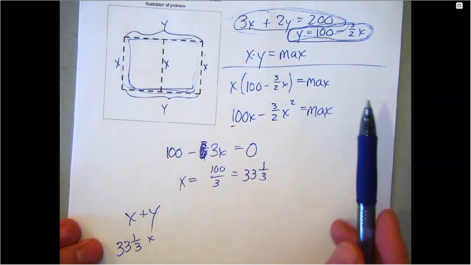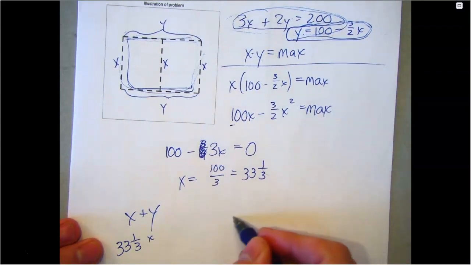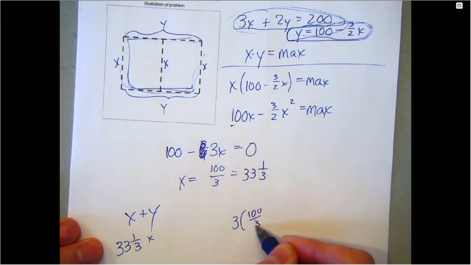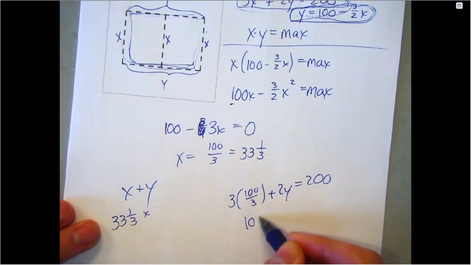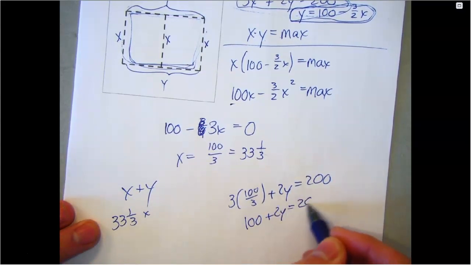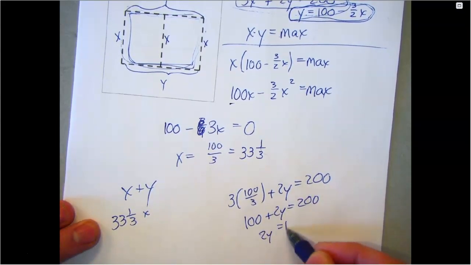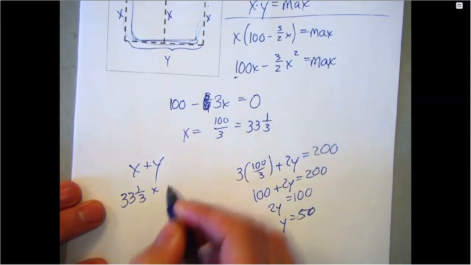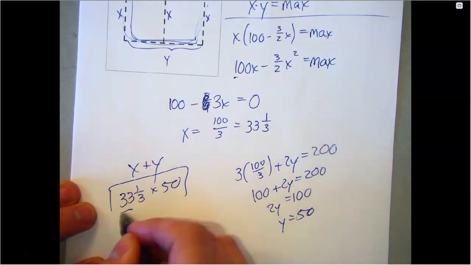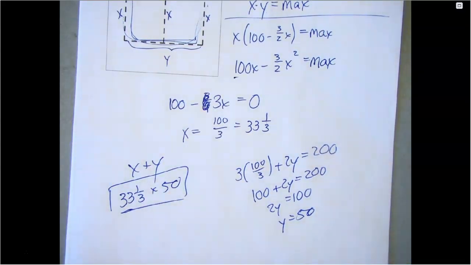I'm going to use this one actually, because 3 times 100 thirds will just cancel. So that's 100 plus 2y equals 200. 2y equals 100, so y equals 50. So the dimensions they're looking for are 33 and 1/3 by 50.